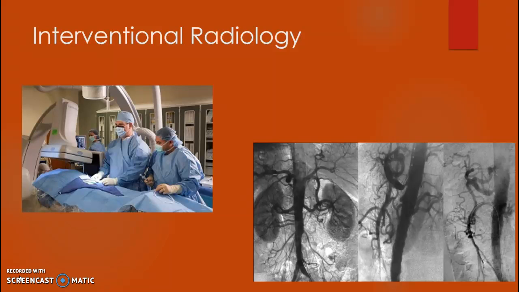All this type of imaging is done in a sterile environment. As you can see on the images on the right, the first picture is the renal arteries, and you can actually see the kidneys coming off of it. And images 2 and 3 on the right are the checking of patency of different arteries in the patient.